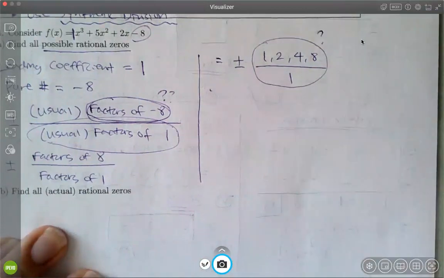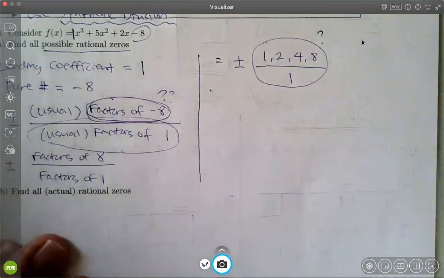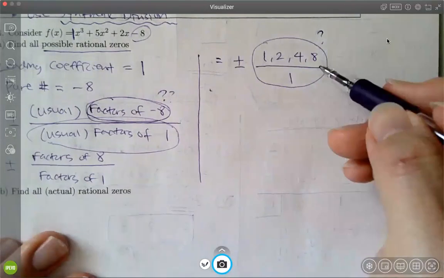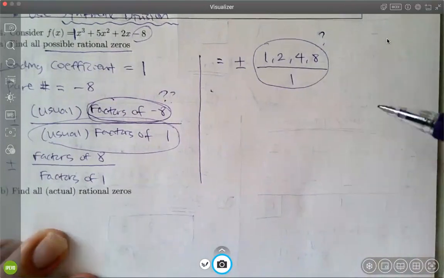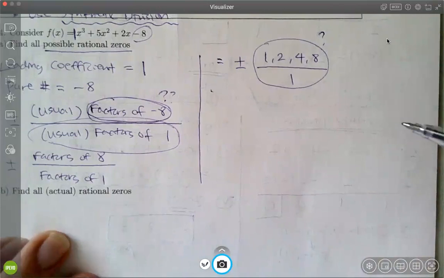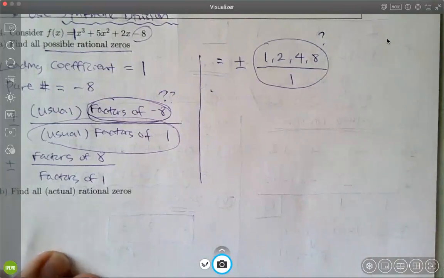Maybe you haven't seen any fractions of this type before. So what does this fraction even mean? So let's look at the top. It's 1, 2, 4, 8, but what does it actually mean? It's 1 or 2 or 4 or 8, right? Okay, and the bottom is 1.